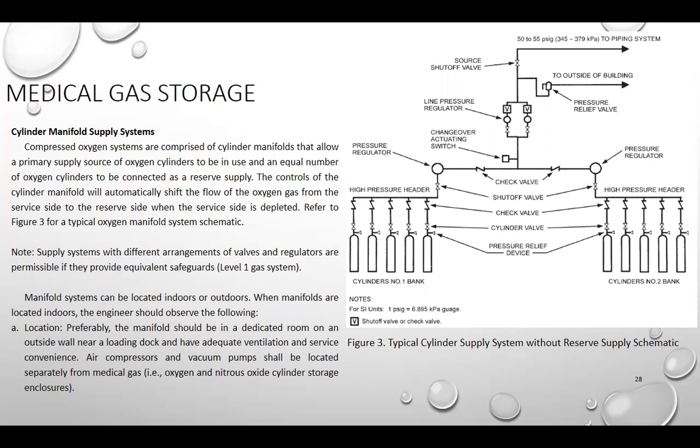The controls of the cylinder manifold will automatically shift the flow of oxygen gas from the service side to the reserve side when the service side is depleted. Refer to Figure 3 for a typical oxygen manifold system schematic.